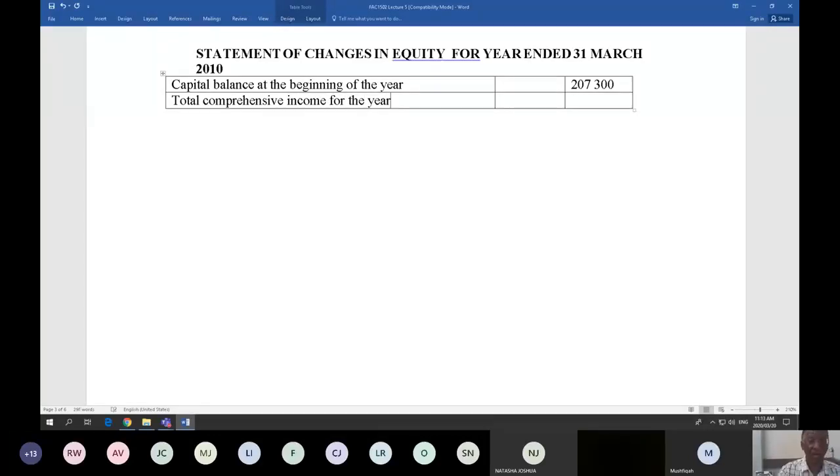And the total comprehensive income for the year is the amount that we have calculated in number 1, in 4.1 of this question, which was the total comprehensive income for the year as calculated in the statement of profit and loss and other comprehensive income.